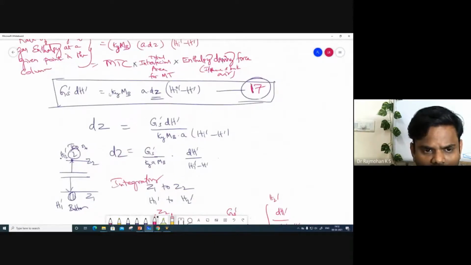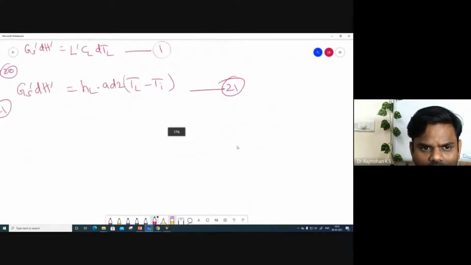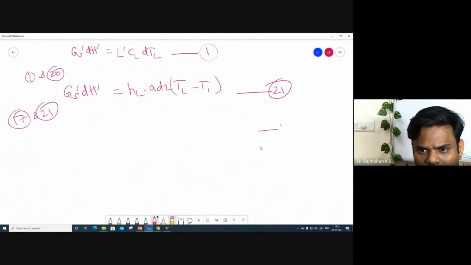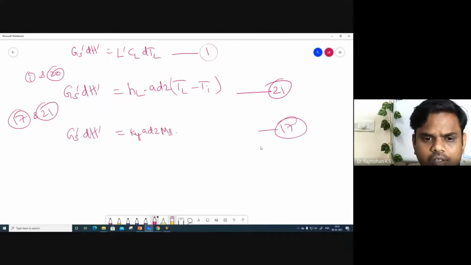Gs' dH' equal to ky Mb a dZ into (Hi' minus H'). So just write equation 17 again here.